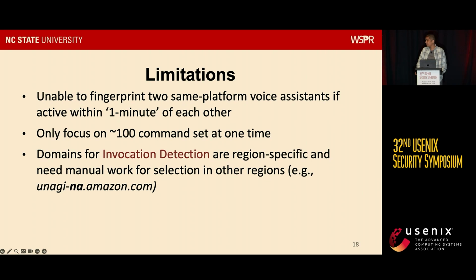A case can be made that you can focus on privacy-sensitive commands or the commands that you're really interested in, but increasing the number of commands above this threshold might be interesting for future work. And our domains for invocation detection are region-specific and would need manual work for selection in other regions. For example, unagi.na.amazon.com is specific to the North American region, and for European or Asian regions, these domains might be a bit different.